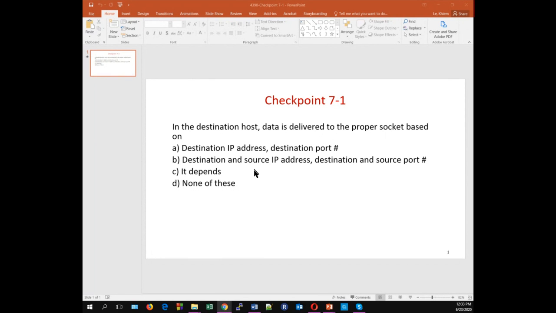So if you recall from the lecture, a UDP socket is identified essentially by the destination port number, but a TCP socket is identified by a 4-tuple, which is the destination and source IP address and destination and source port number. So it depends. That is the correct answer.